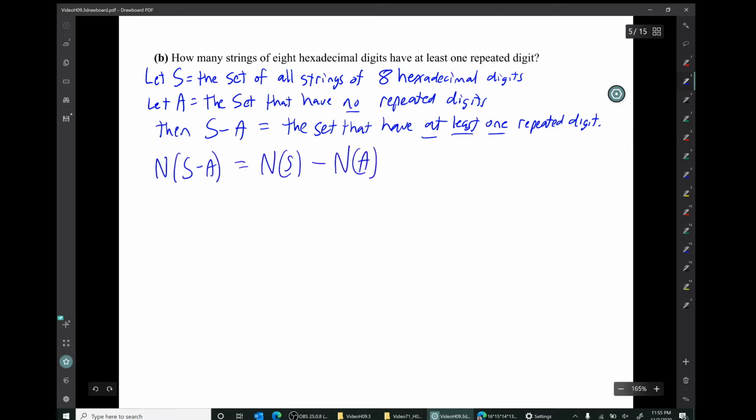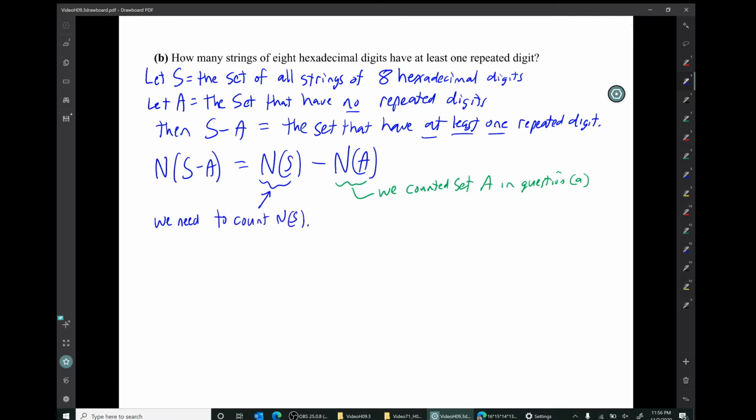Now notice that we counted set A in question A. So what we need to do is we need to count set S. We need to count the number of strings of 8 hexadecimal digits. Well, let's think of this as tasks. We have 8 blanks to fill.